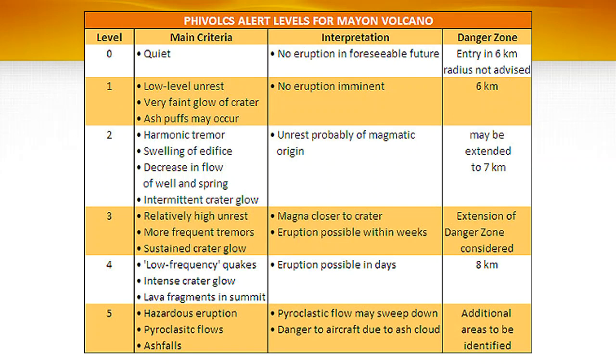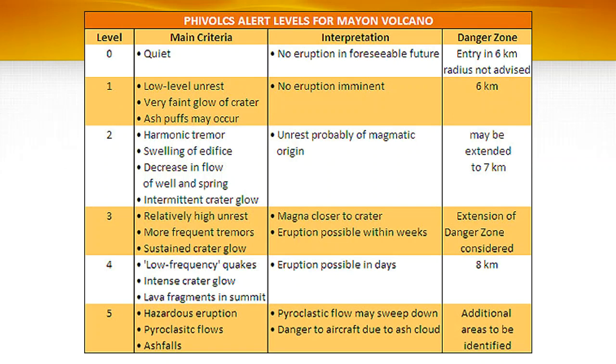Now, for alert level 2, the main criteria are harmonic tremor, swelling of the edifice, decrease in flow of wells and springs, and intermittent crater glow. As an interpretation, there is unrest with a probability of magmatic origin, and the danger zone may be extended up to 7 kilometers.